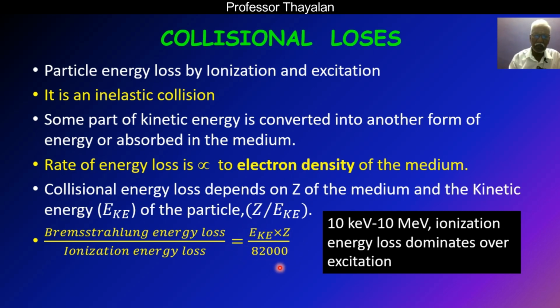It's a mere number, so it gives you the ratio of the Bremsstrahlung energy loss versus the ionization energy loss. For example, in the case of 10 keV to 10 MeV energy, ionization energy loss dominates over the excitation.